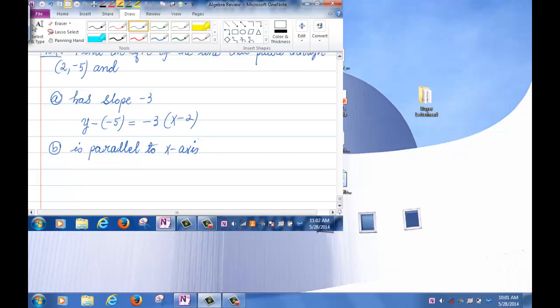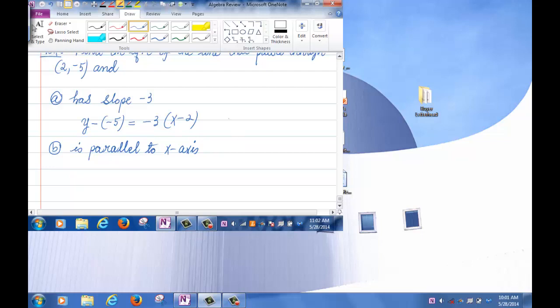I want to find the equation of the straight line going through the point 2, -5, and it is parallel to the x-axis. So it's a horizontal line, right? So what's the equation? Y minus -5 equals 0. Slope is 0, right?